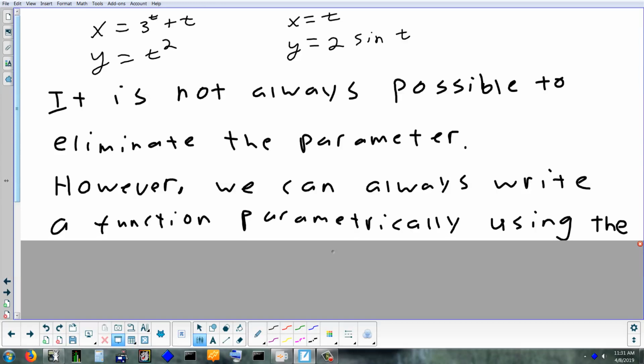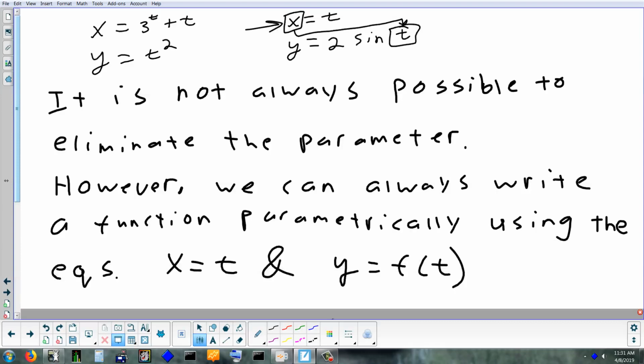How can you check it? Take this equation and solve it for t. It already is. t equals x. Now, once you get t by itself, plug that into this equation right here. You would get back exactly what he just told me, 2 sine x.